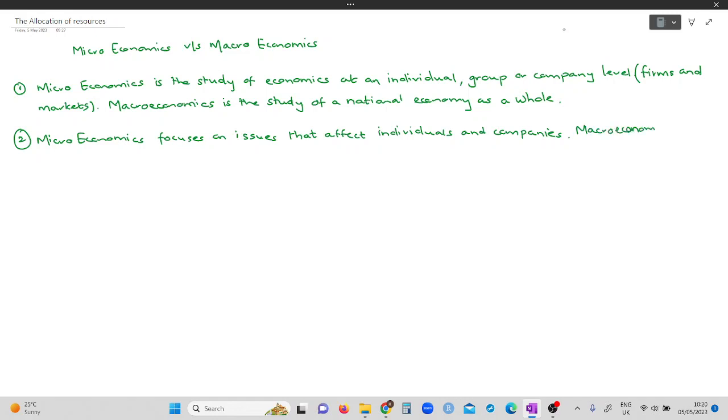Macroeconomics on the contrary. Macroeconomics really focus on issues that affect the nation, with the people living in the country, the population, and the world economy.